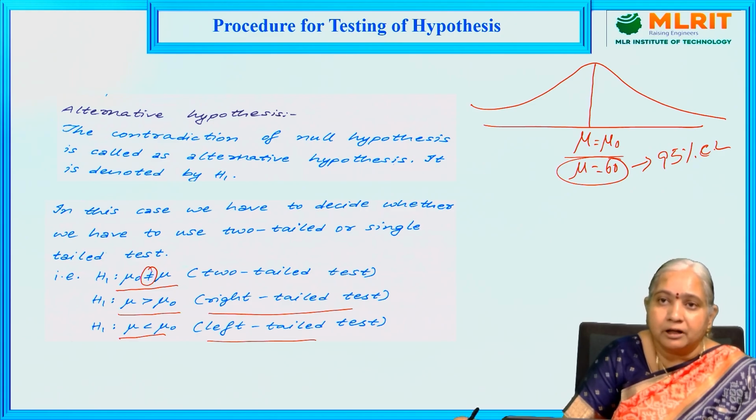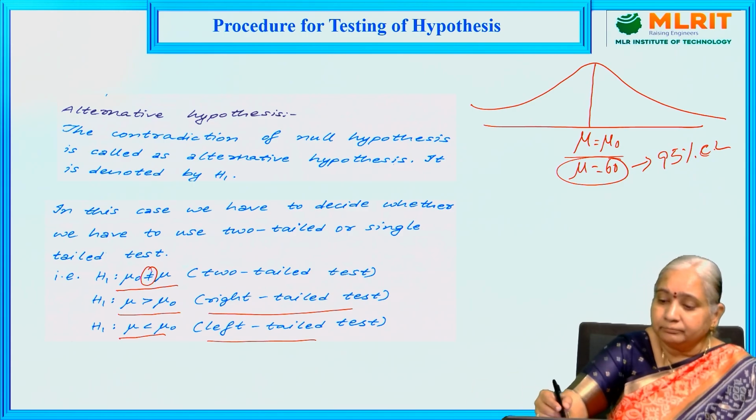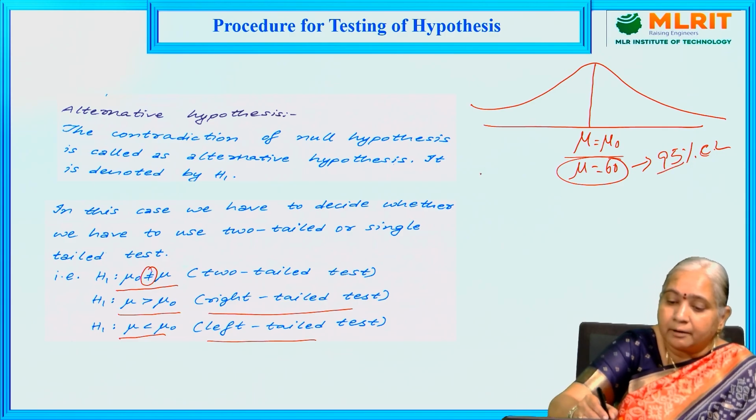So I am giving the claim that mu equal to 60, the average mark of that particular class is 60, with 95% confidence. 95% confidence means the remaining 5% may be error.